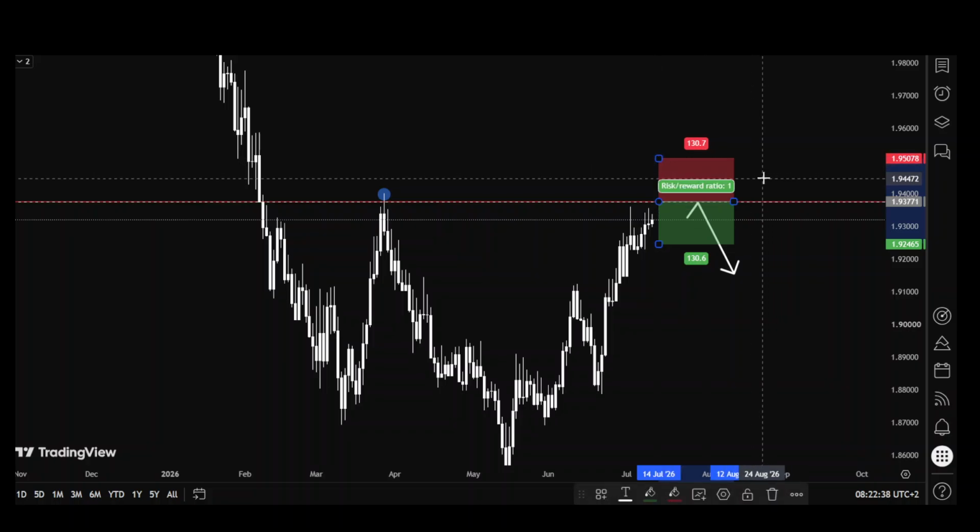Then if price starts to go against me, most likely, or what I hope to see, is that it will react from this one. Maybe it happens, maybe it doesn't, but it's a good risk structure, because if it doesn't bounce from this kind of area around here, then it's better to just close it a little bit early.